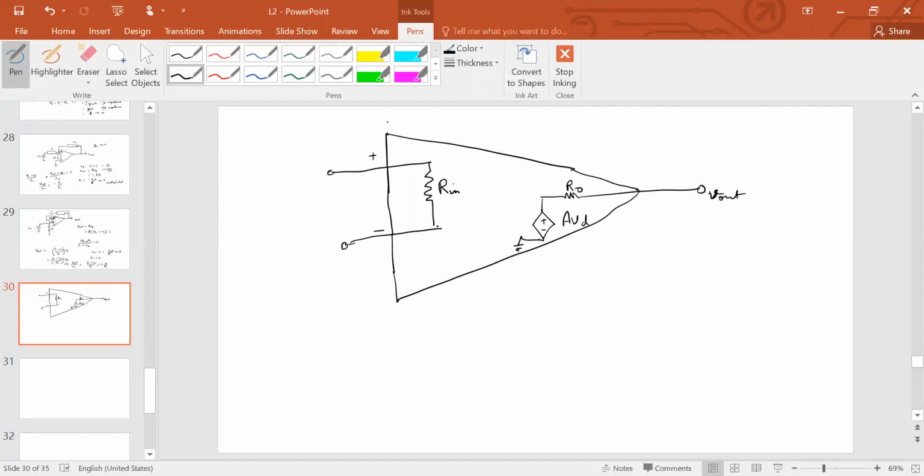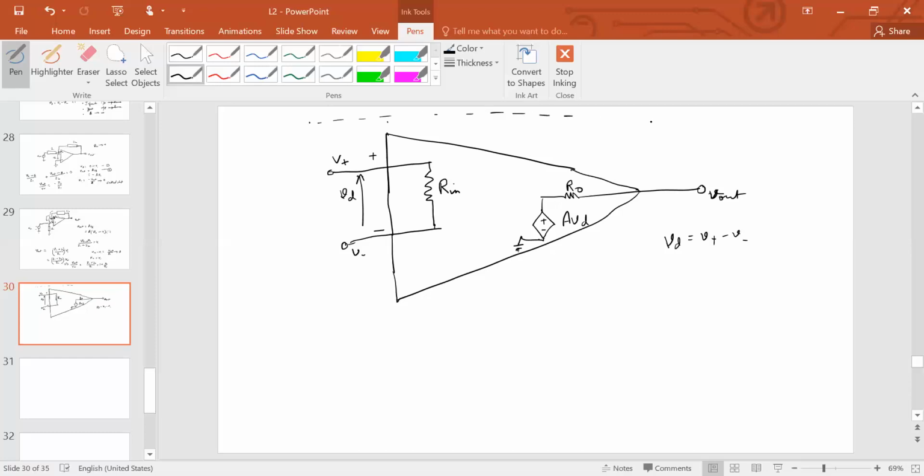So there you go. This is basically VD. Let's call this V plus, and this is V minus. So then VD is nothing but V plus minus V minus. So that is going to be the equivalent circuit of a non-ideal op-amp.